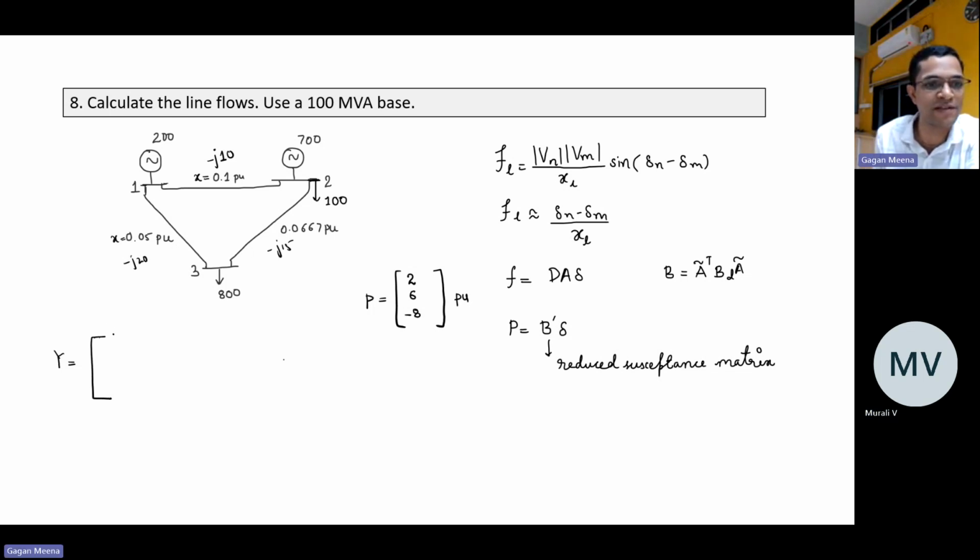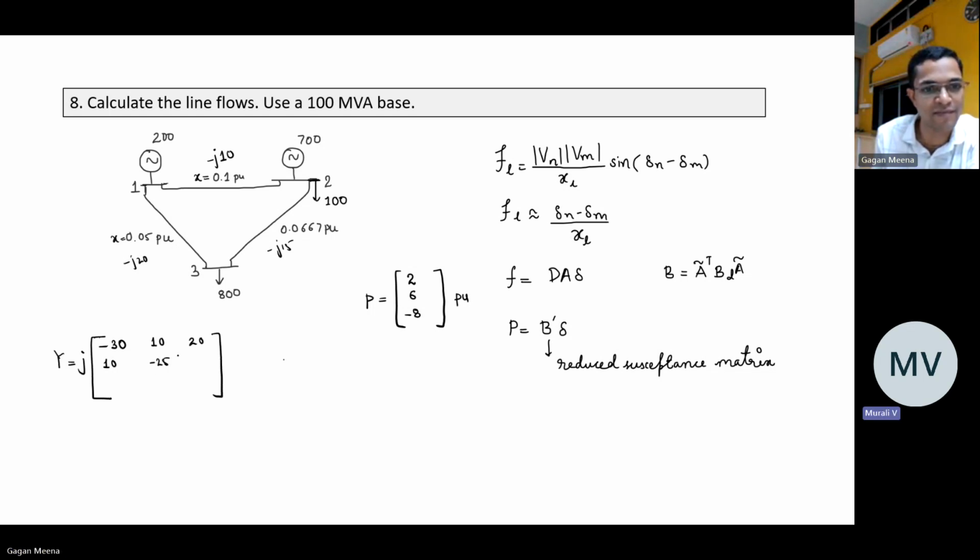Okay, so what will be this? This is -J30. Let us take this J out. This is J30 and this will be plus 10 plus 20, and then after 10, that 10 and minus 25.